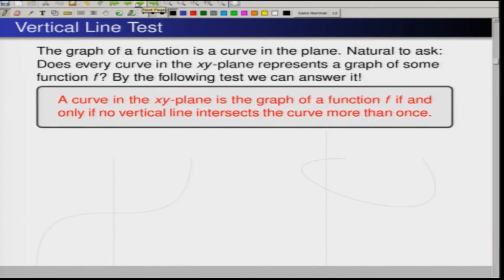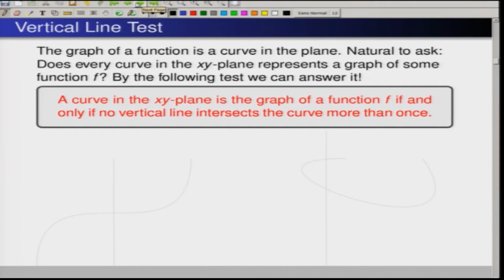That is the rule of a function, that is what we call a function. In other words, it cannot be one to many. So, this test says that a curve in the xy plane is the graph of a function f if and only if no vertical line intersects the curve more than once.